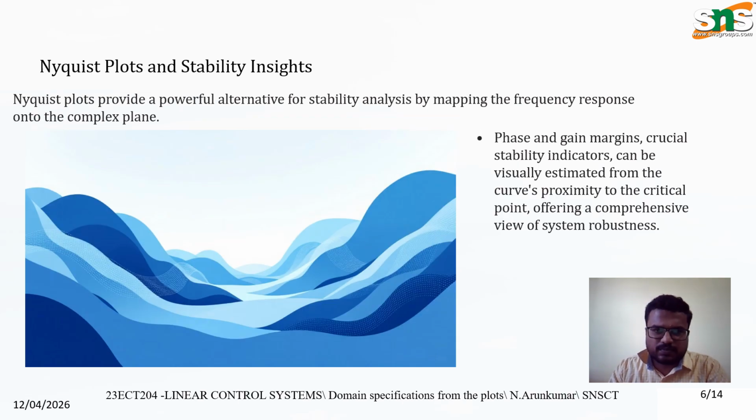And next is Nyquist plot and stability insights. Suppose the user has to launch the same frequency for two systems, we need to verify the magnitude and phase of the system based on the margins. Suppose we ask how much margin the system has to be fetched. Like this, the other system is checked with the help of the Nyquist plot and stability insights.